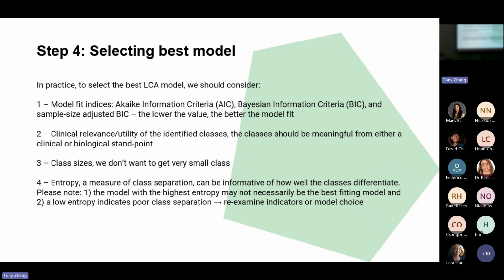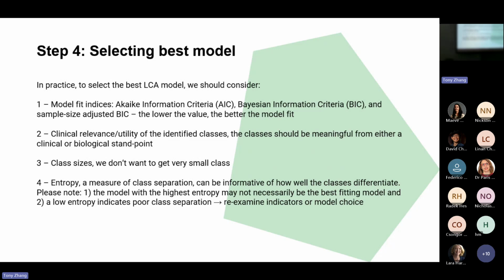Then you need to check entropy, which is a measure of class separation. The higher the entropy, the cleaner the separation. You also need to check the class sizes, because you don't want very small classes. And most importantly, you need to think about the clinical relevance and utility of the identified classes.